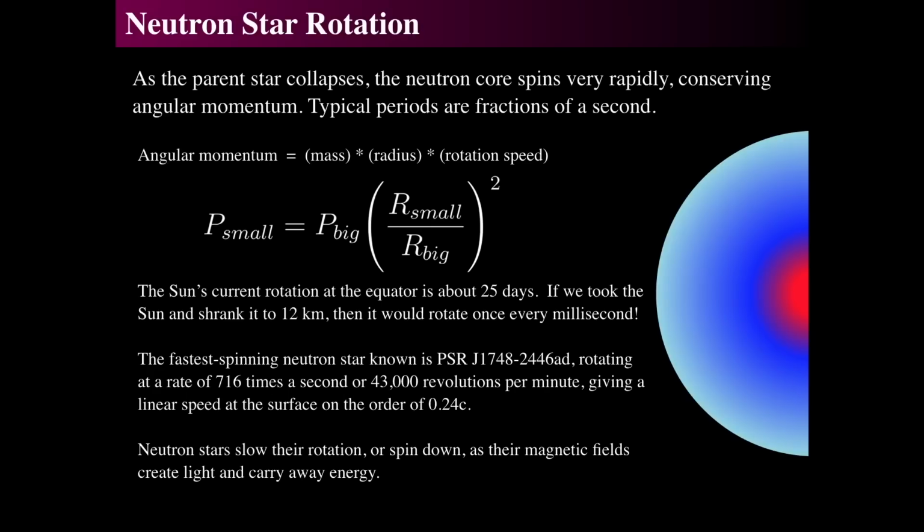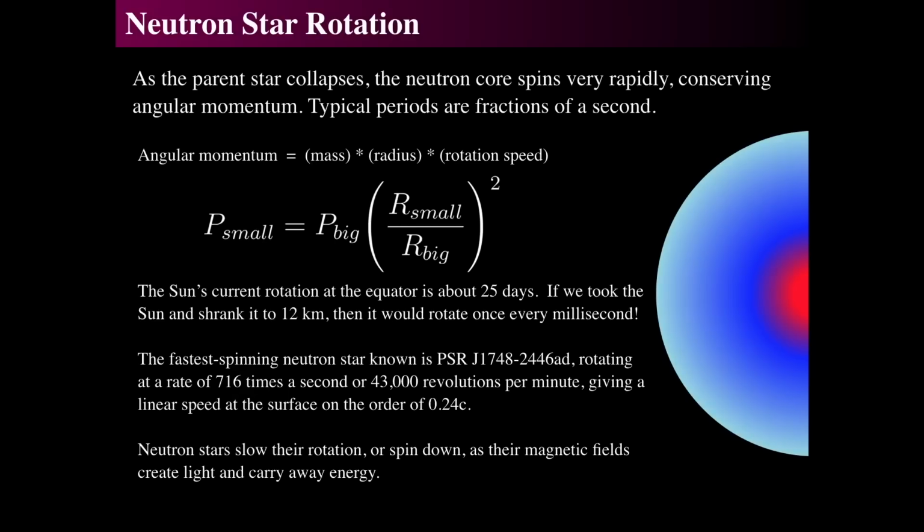So if that number for the angular momentum stays the same, and the mass stays the same, and you shrink the radius, therefore, the rotation speed has to go way up. So the period of rotation is going to go faster. It'll get faster and faster and faster as it gets smaller and smaller and smaller.